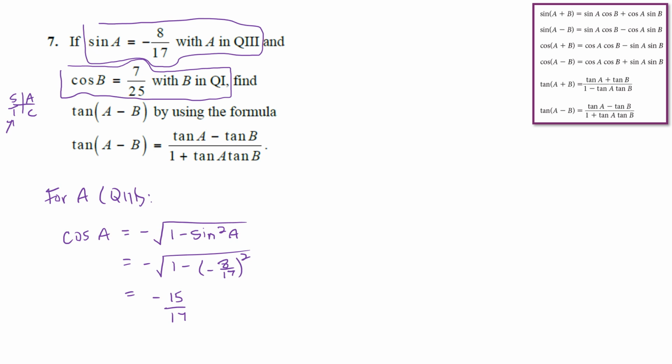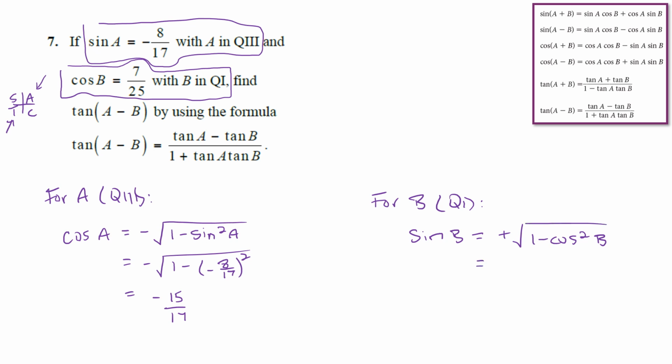All right. Now, for B, we get that from the second most important piece of information in this problem, where it says cosine B equals 7 over 25 with B in quadrant 1. Since B is in quadrant 1, we know that all trig functions are going to be positive. So in trying to find the sine of B, we know our square root is going to be positive.